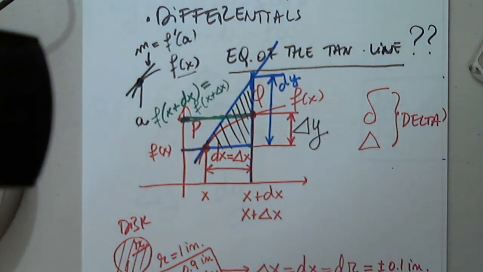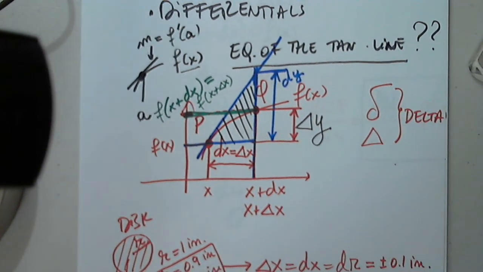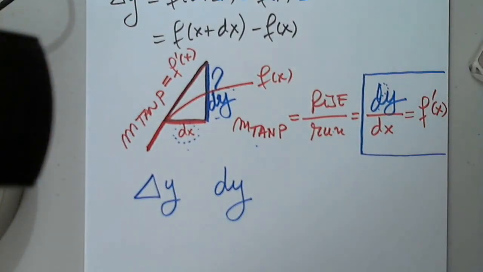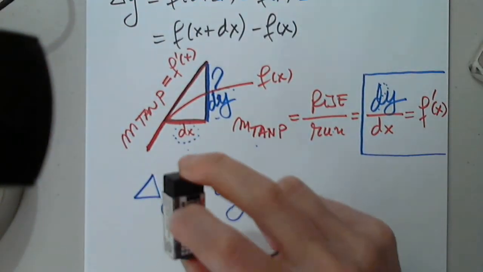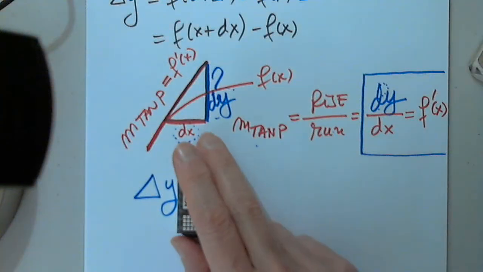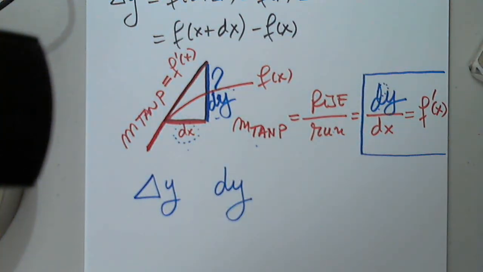And no, you cannot say equal. So I'm waiting for a symbol here. Less than? We don't know that. Not equal? That's good.